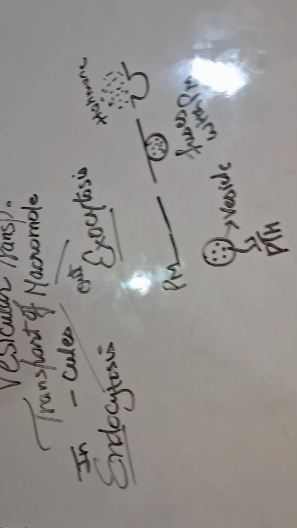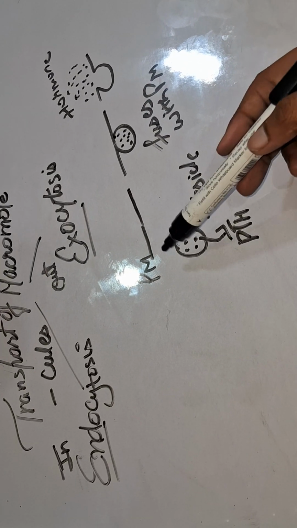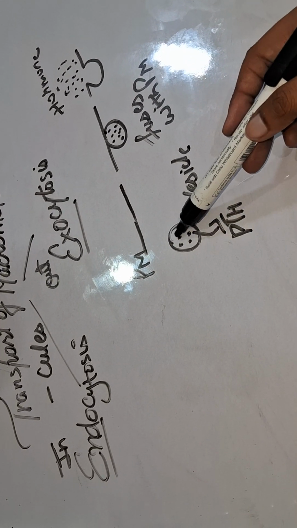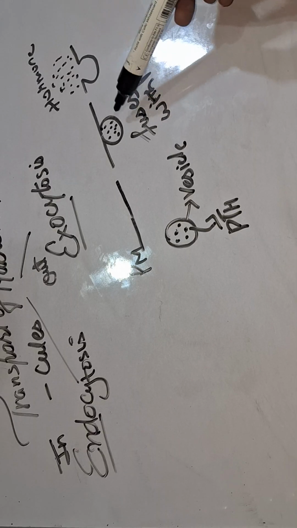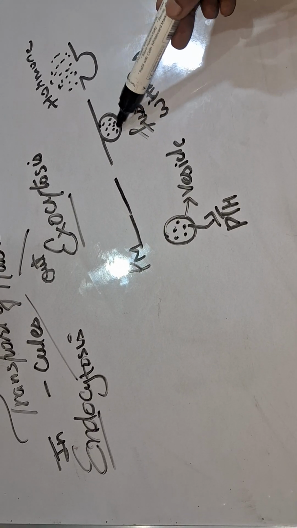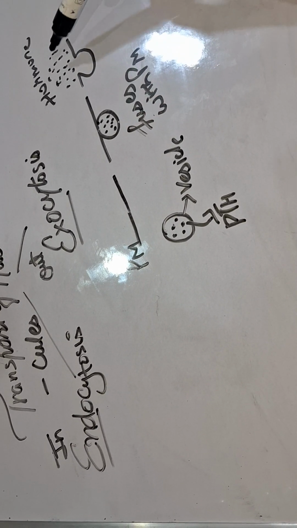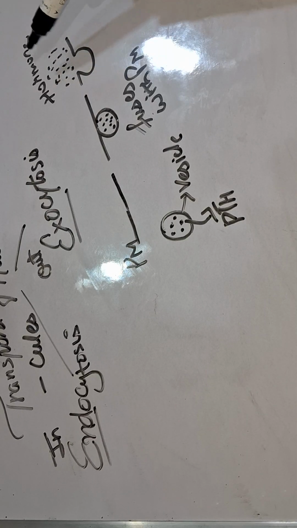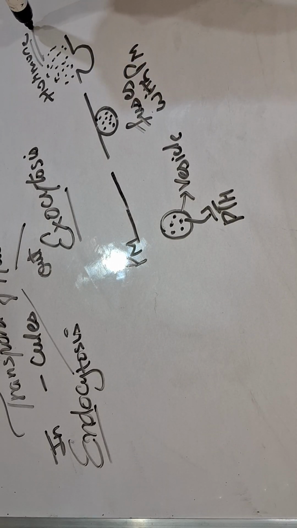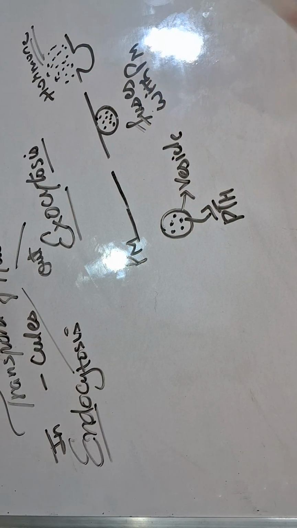This is how it works. Exocytosis: plasma membrane, vesicles, hormones inside it. The vesicles fuse with the plasma membrane and the hormones are released outward in the body. This is the process of exocytosis.